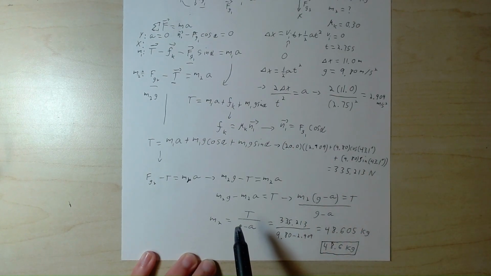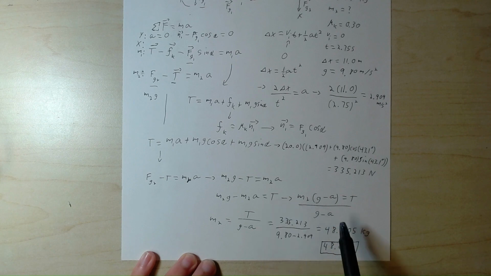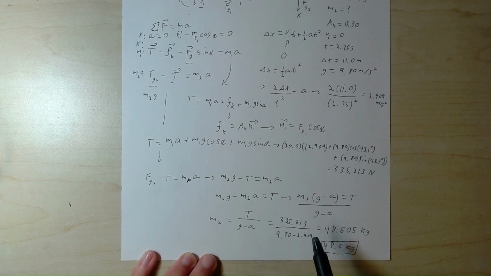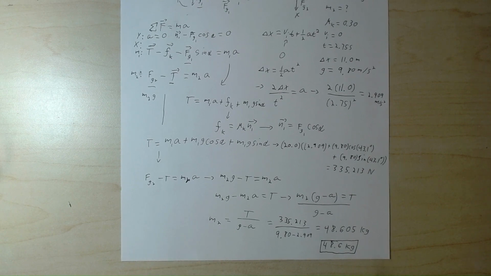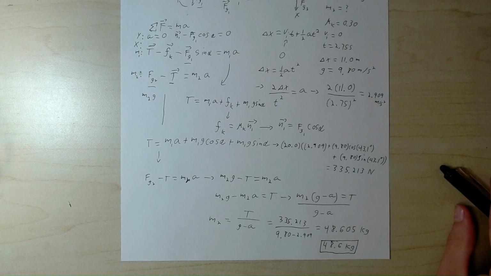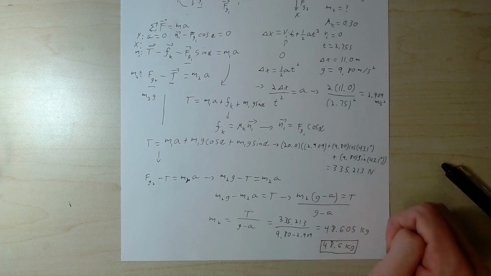So I rearranged to solve for M2, and we got M2 equals T over G minus A. And plugging in these numbers, we got the mass is equal to 48.605 kilograms, equals 48.6 kilograms. So that's our answer that we got. And it is reasonable, considering all our values here. Sorry about that. I will prevent that from happening in the future.